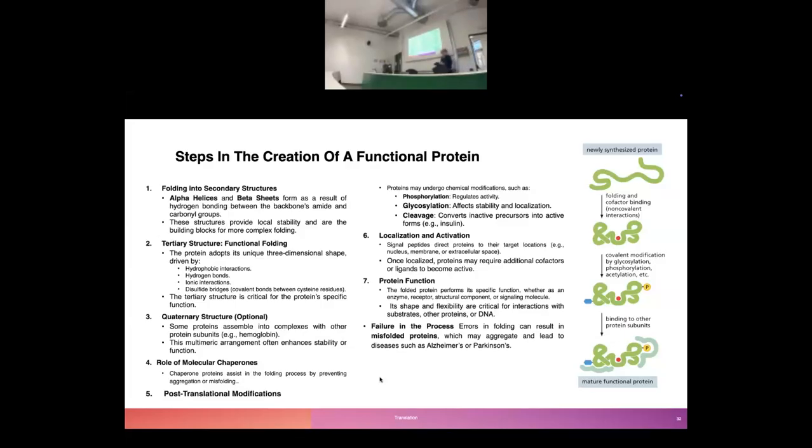So it's not only a matter of primary sequence, but also the secondary, the tertiary, the quaternary one, for the protein to be biologically active. So all those post-translational modifications are essential for the biological activity of the protein.